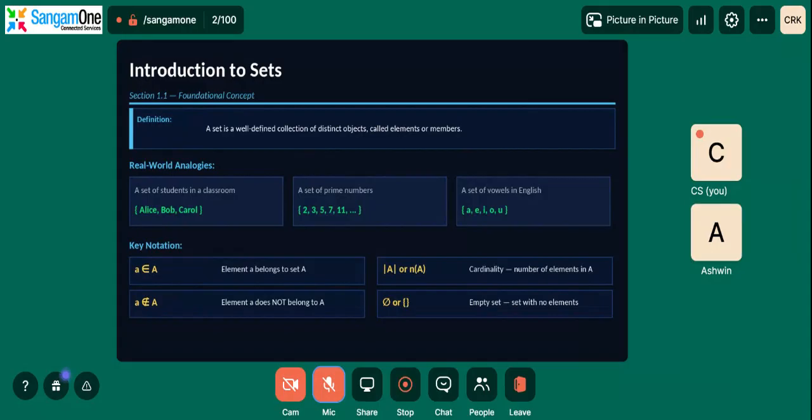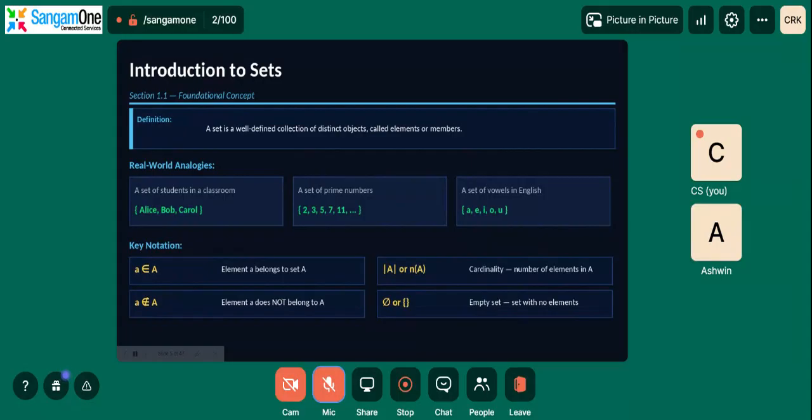That represents the set. And also n(A) or |A| is the cardinality, the number of elements in A. Suppose I take this set, it contains how many elements? 1, 2, 3, 4, 5. It contains 5 elements. This is the cardinality, the number of elements.